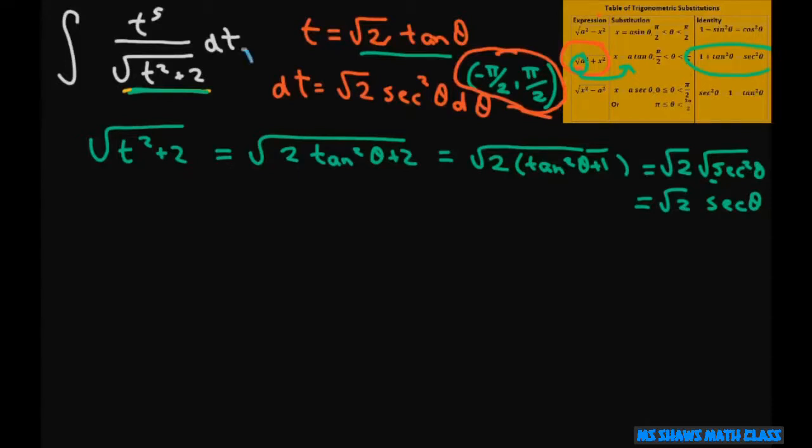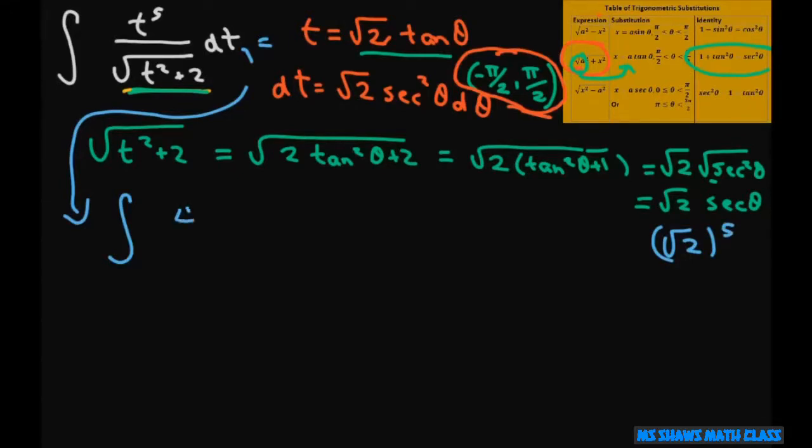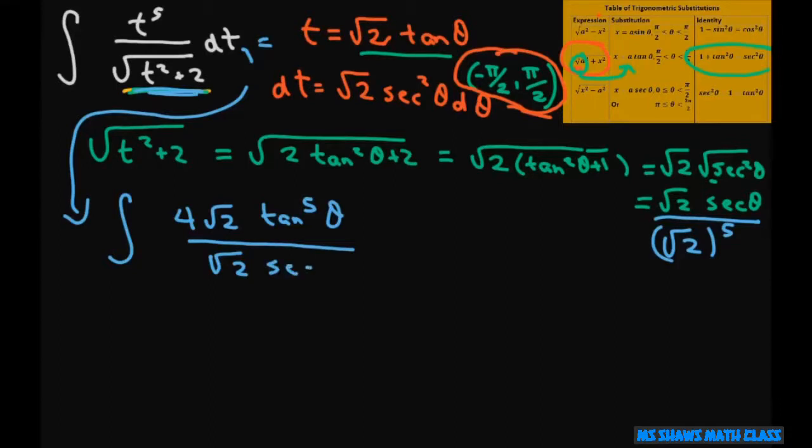This equals the integral of t to the fifth, which is square root of 2 to the fifth, which is 4 square root of 2, tan to the fifth power of theta, divided by, and we already know what this is, square root of 2 secant theta, times our dt, which is square root of 2 secant squared theta d theta.